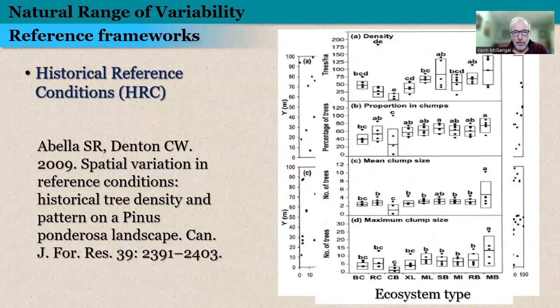And as in the previous study, they then calculated a number of vegetative attributes, the density of trees, the proportion of trees in clumps, mean clump size, and the maximum clump size. And for each of these metrics, they did so across a range of ecosystem types, essentially ranging from dry to wetter sites based on soil characteristics.